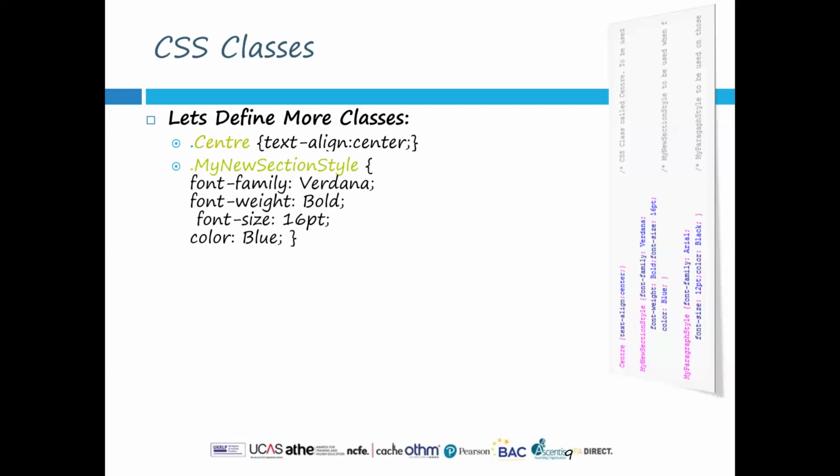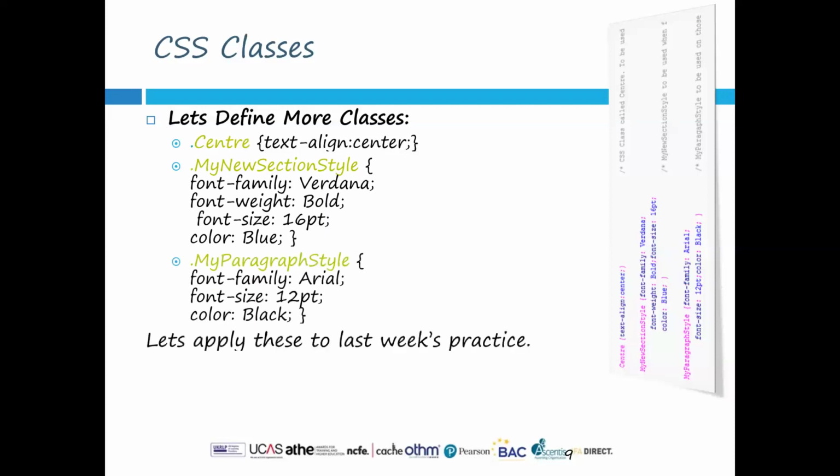So these are 3 examples of classes. We have a class which is going to have a specific function to align our text in the center. By using .center, we are telling this section of our web page to align all the text in the center of the page.